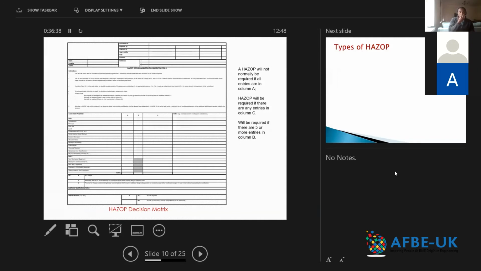Good. So we come to the HAZOP decision matrix. This is a sheet that you use to decide for yourself if a particular modification, and this applies mostly to the smaller change proposals, or MOCs, as I mentioned earlier, needs a HAZOP. So you are changing out a valve or a PSV, a pressure safety valve.